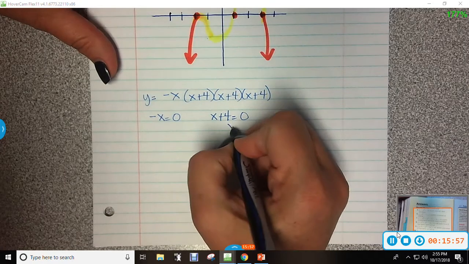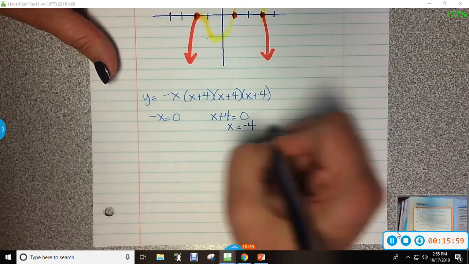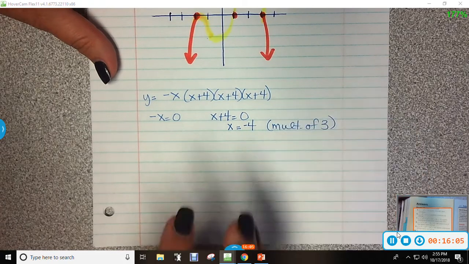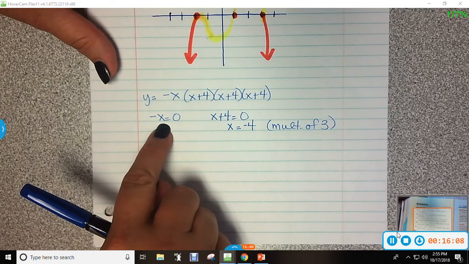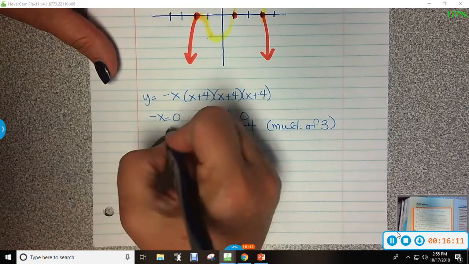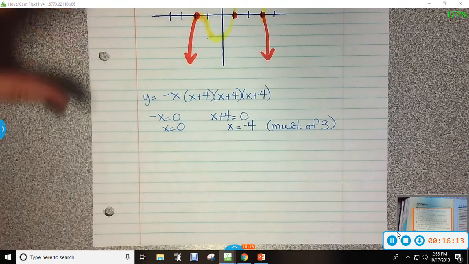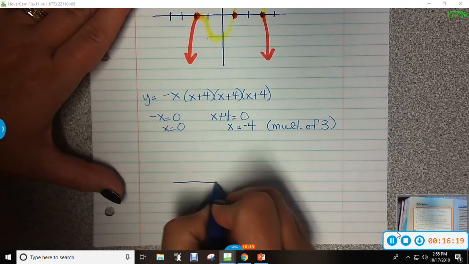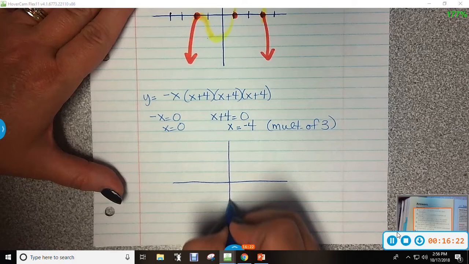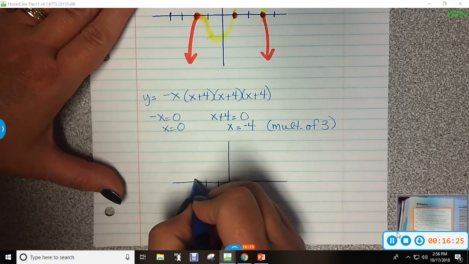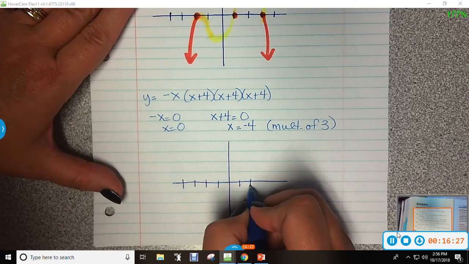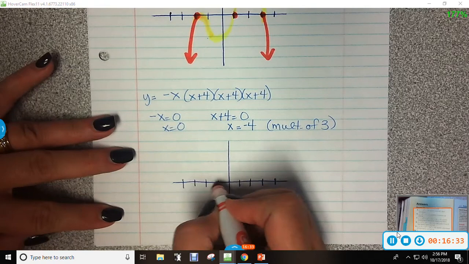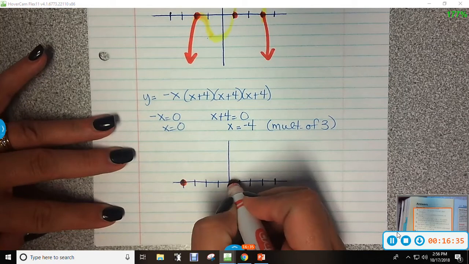No. So that x equals -4, that is going to have a multiplicity of 3. Then when I solve this one over here, I've got to divide both sides by -1 so that I get x is 0. Alright, so I'm going to put my -4 and the 0.